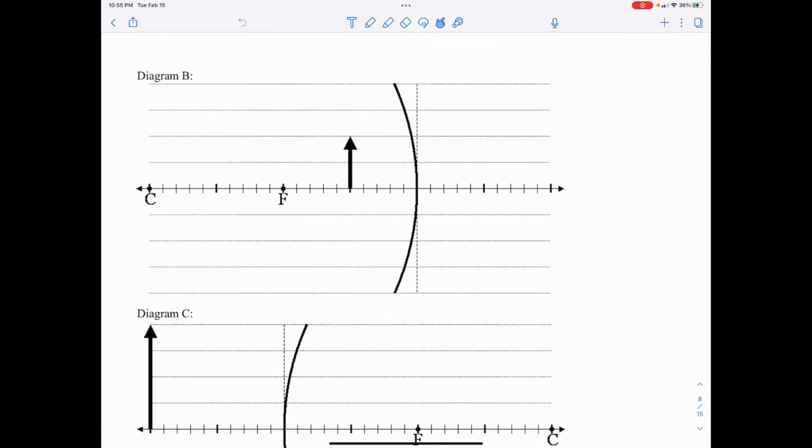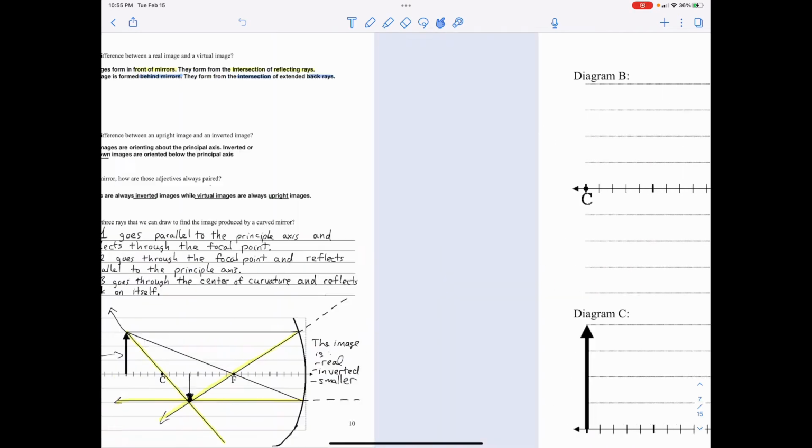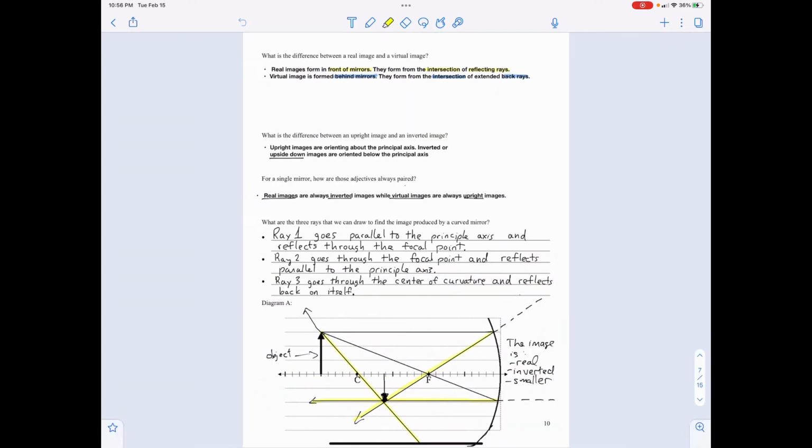Now in diagram B, we can see that the object is moved inside the focal length. Okay, so now let's take a look at our rules for ray diagrams and apply them. Remember, first ray goes parallel to the principal axis and reflects through the focal point.